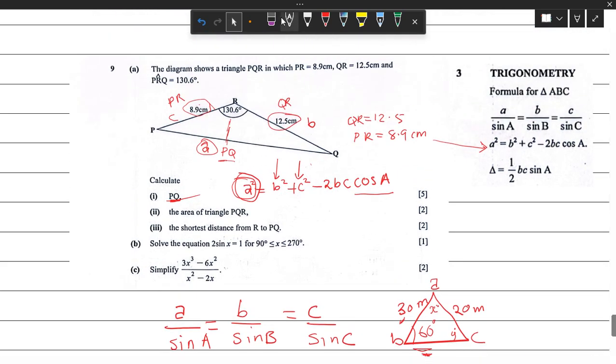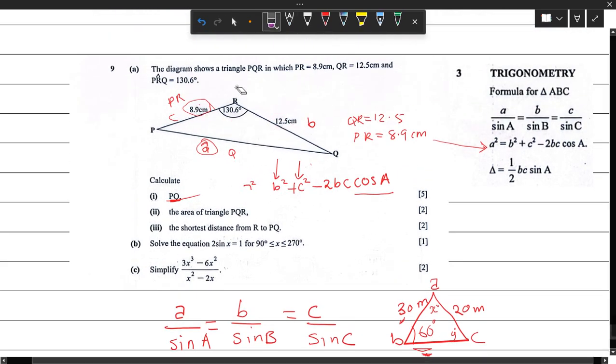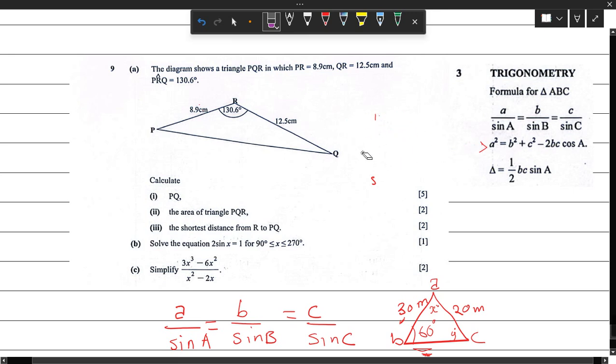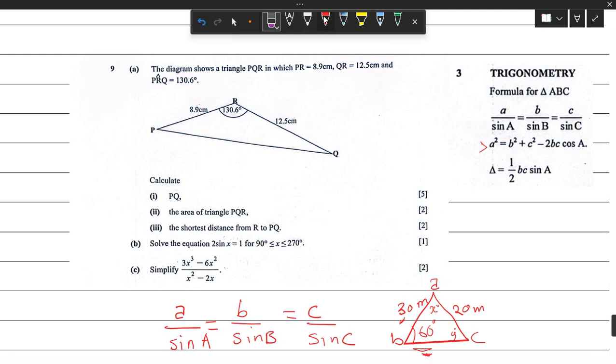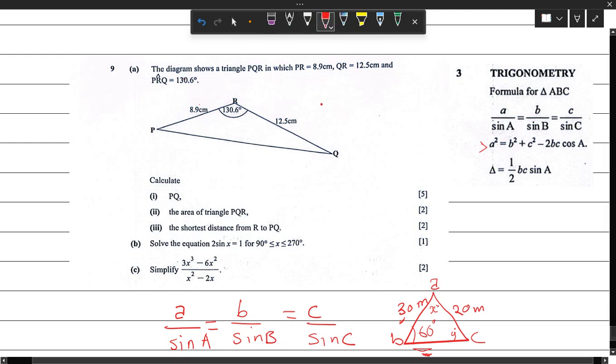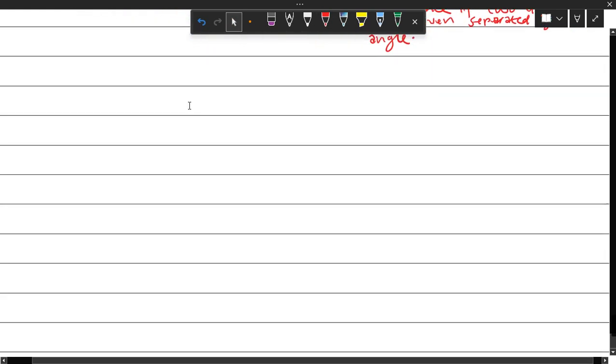So I'll write it here. Let me just erase a bit. Okay, so now what I'll do is let me just get this diagram and paste it somewhere cleaner here.